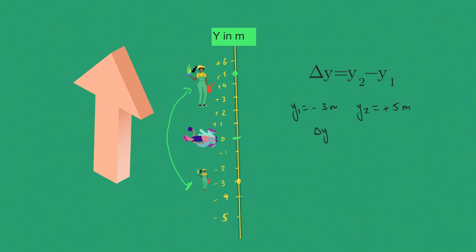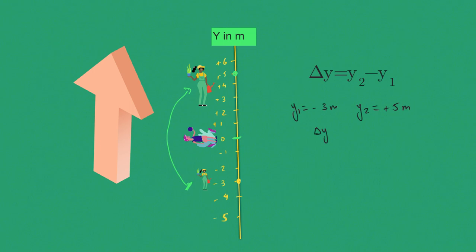So let's say that the initial position is y1 equal minus 3. Let's say that the final position is y2 equal plus 5. What will be the change in y? When the object displaces in the y direction from here to here, it will displace 8 units, 1, 2, 3, 4, 5, 6, 7, 8 units, in the positive direction.